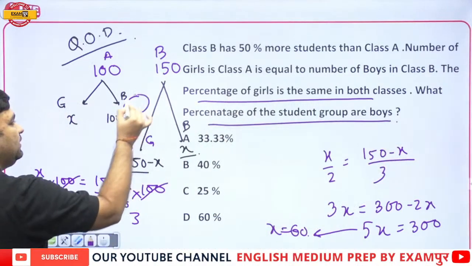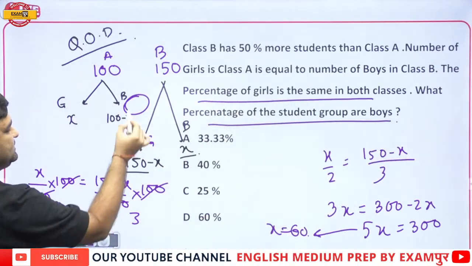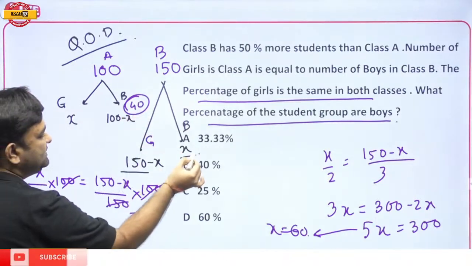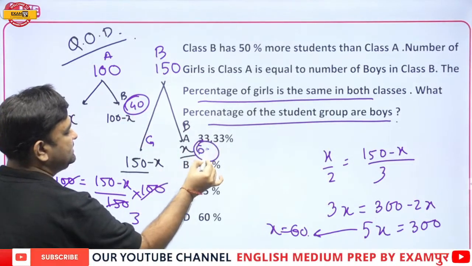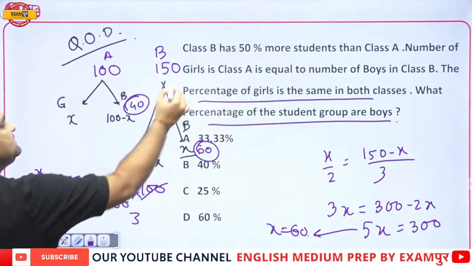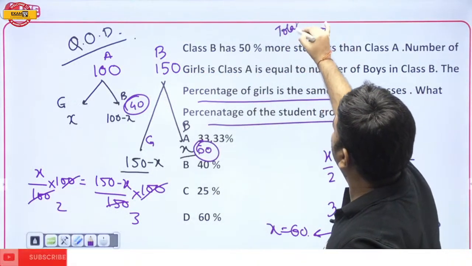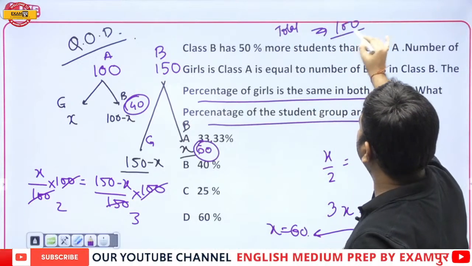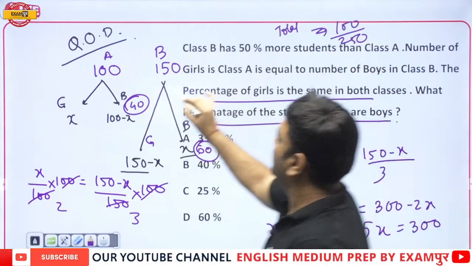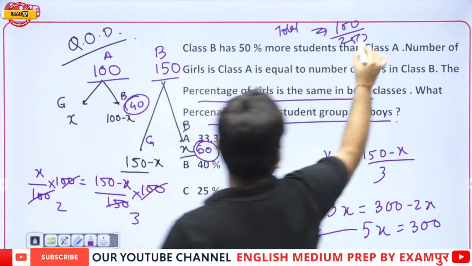Here the boys are 100 minus 60, 40. And here the boys are X only, that is 60. So total boys are 100 and total students 250, into 100.